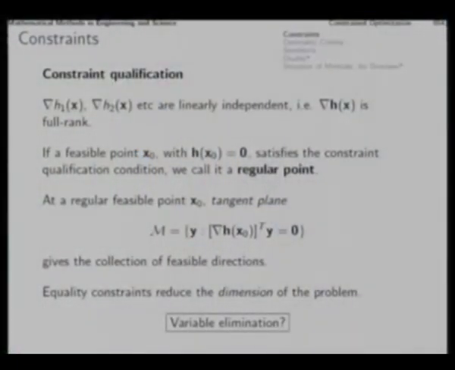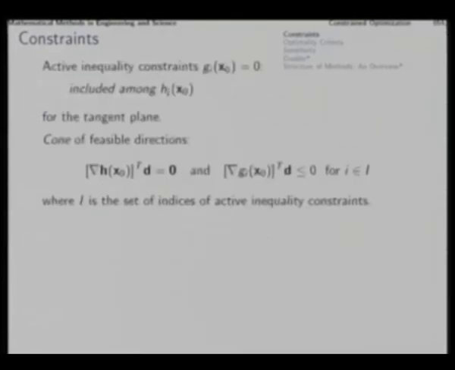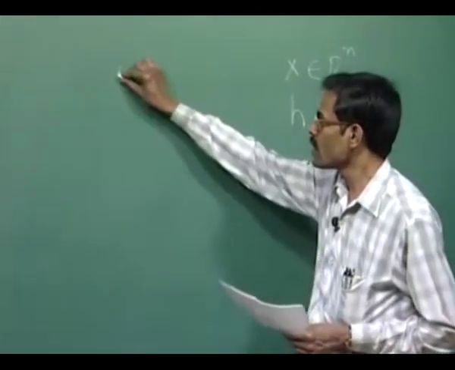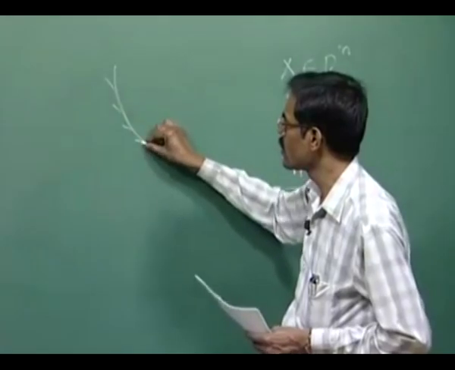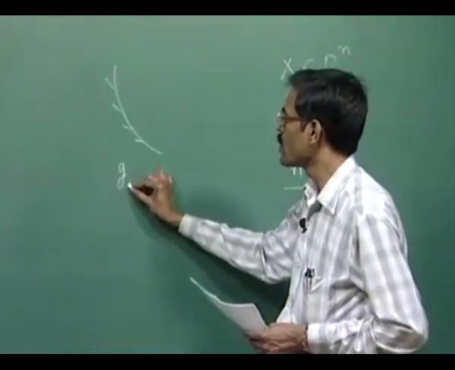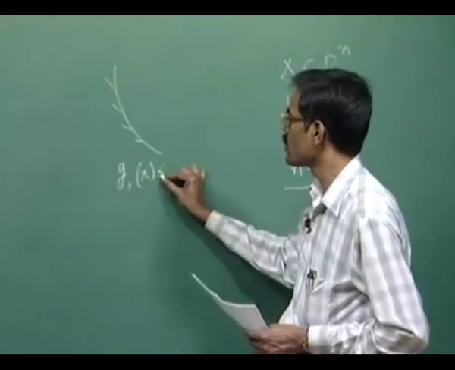Now, what about inequality constraints? For inequality constraints, all of the inequality constraints need not be active at a point. For example, if this is an inequality constraint, say g1 x is less than or equal to 0.